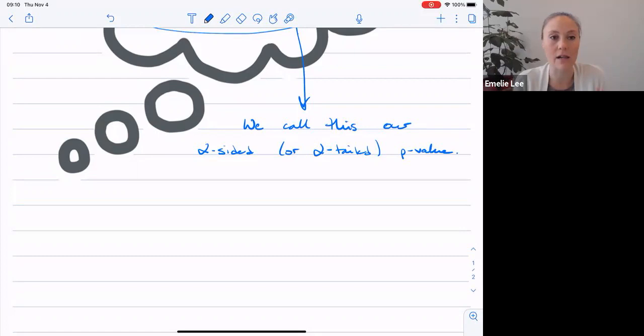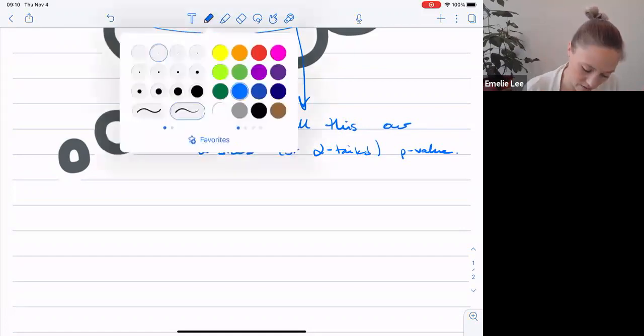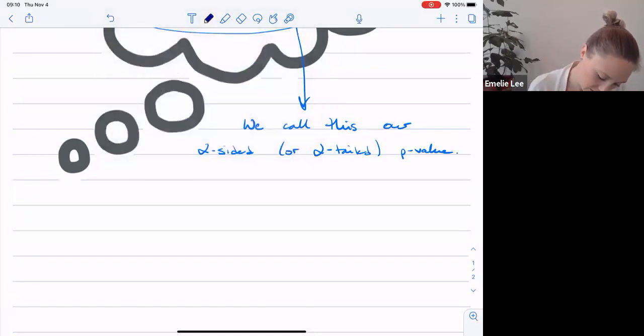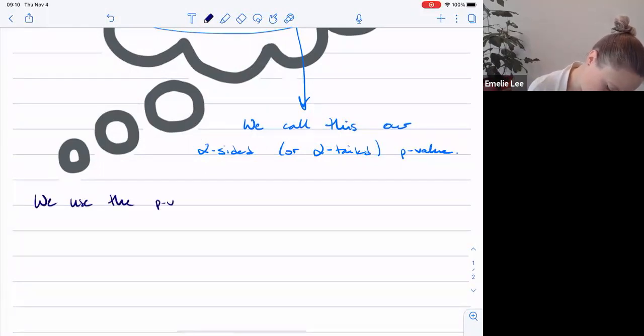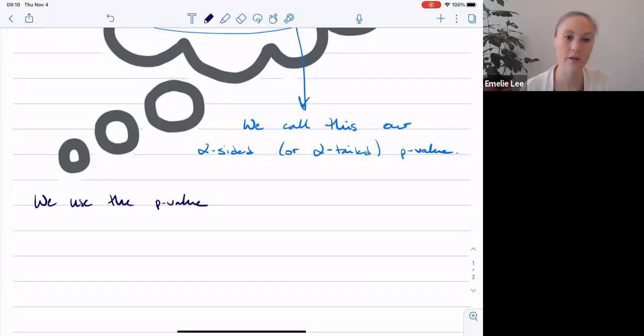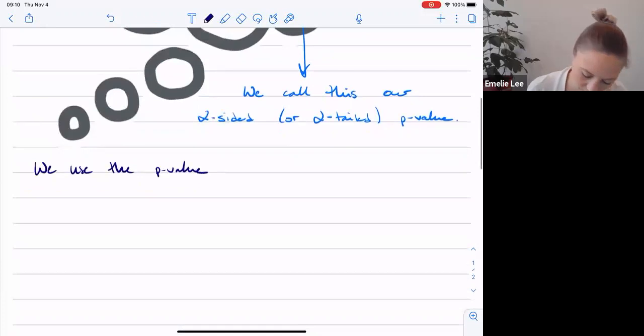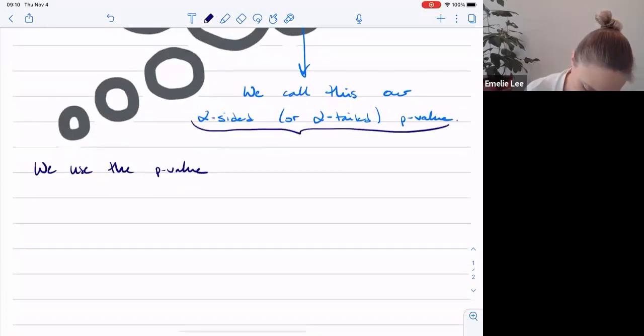Finding the p-value. Now, the reason we find the p-value is so that we can draw conclusions. And so we use the p-value, and I mean the two-sided p-value, or simply p-value.